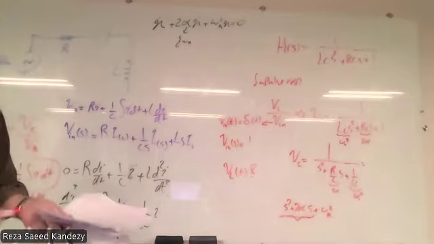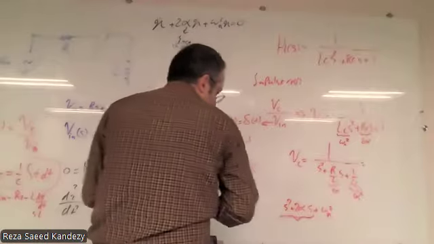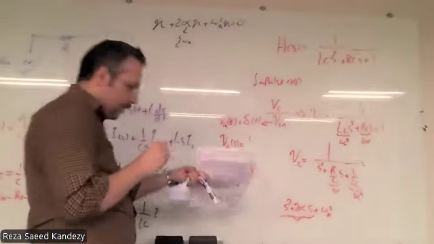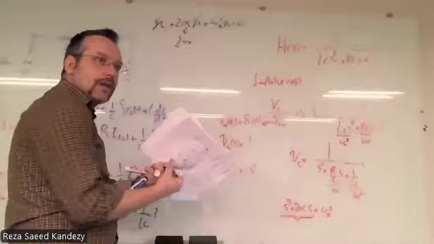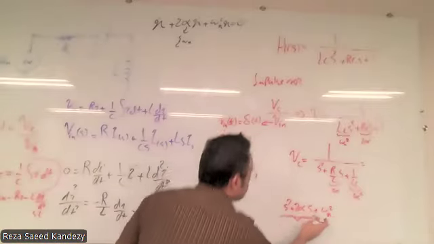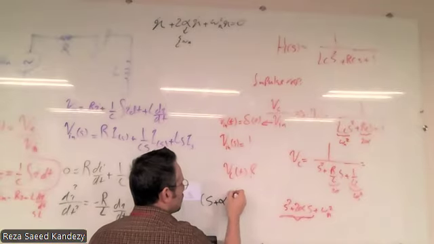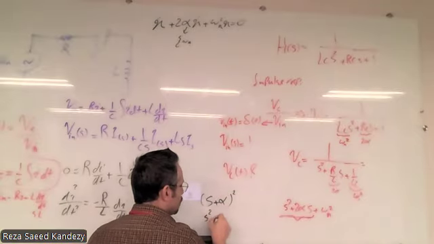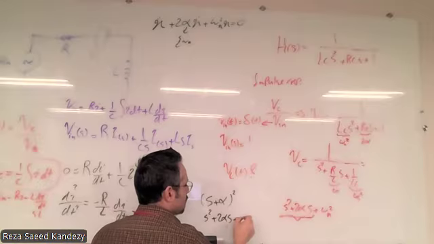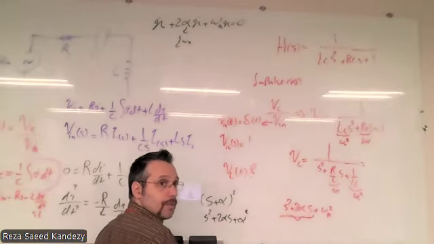Anyone? Okay, let's remind it. One of the famous ones that you see in calculus or algebra is that s plus alpha squared is going to be s squared plus 2 alpha s plus alpha squared. Remember that?